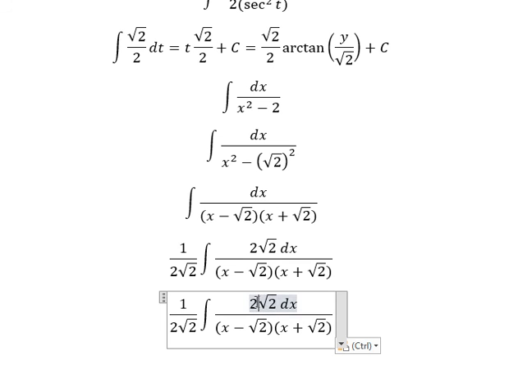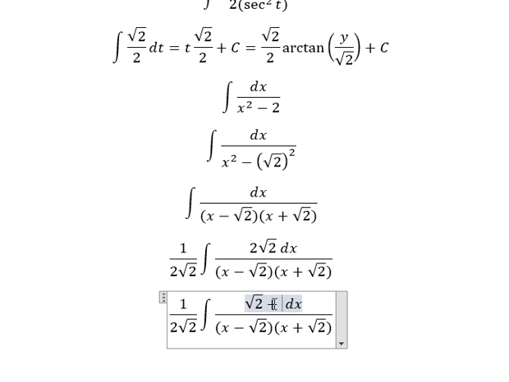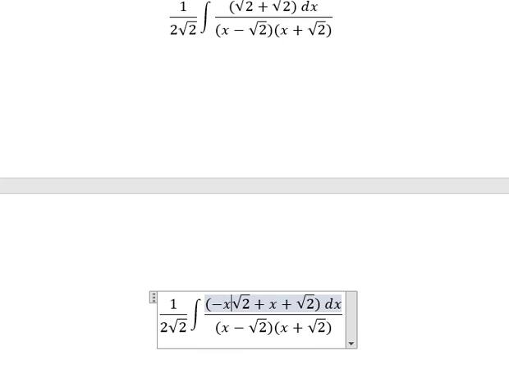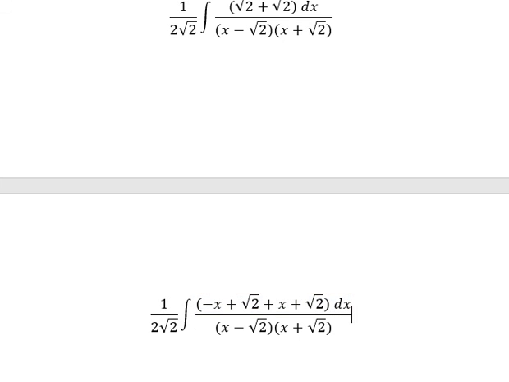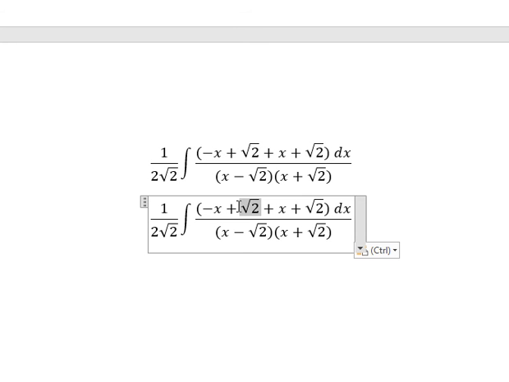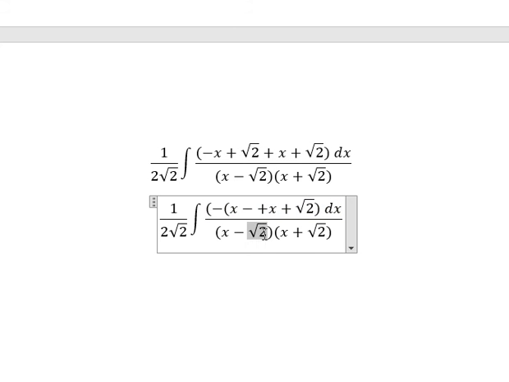This one, that is the square root of 2 plus the square root of 2. So I will add s. That means we need to subtract s. So for this one, that's s minus the square root of 2.